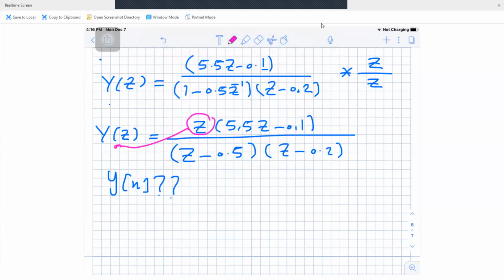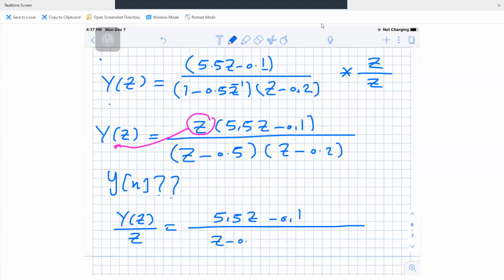The equation becomes y of z over z equals 5.5 z minus 0.1 divided by z minus 0.5 multiplied by z minus 0.2. Now this will be the new equation.